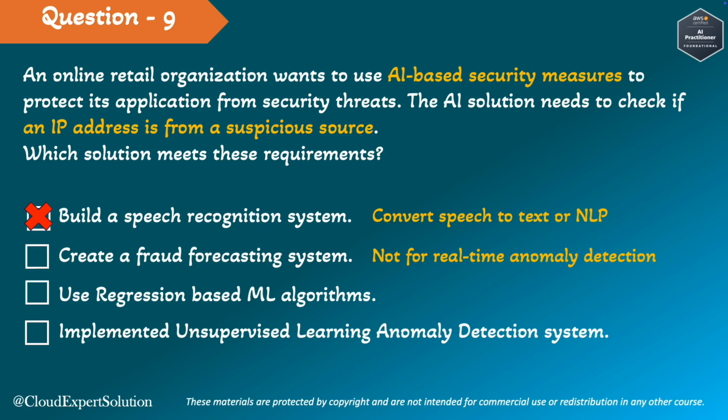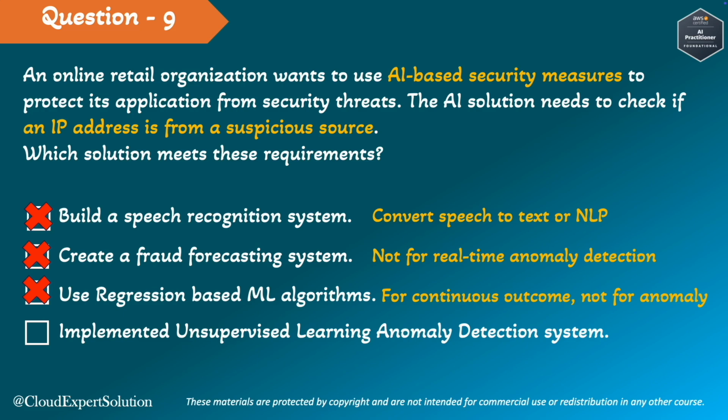That is why option number 2 is also an incorrect option. Option 3, use regression-based ML algorithms. Regression algorithms are used for predicting continuous outcomes based on input features. They are not suitable for anomaly detection tasks, which require identifying outliers or unusual patterns in the data. Hence, option 3 is also an incorrect option.